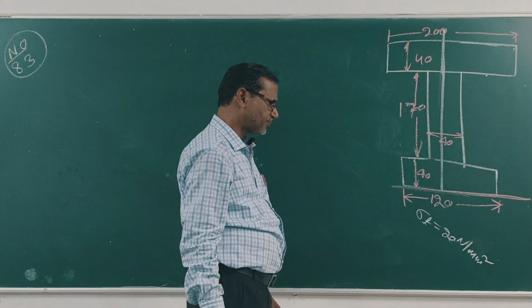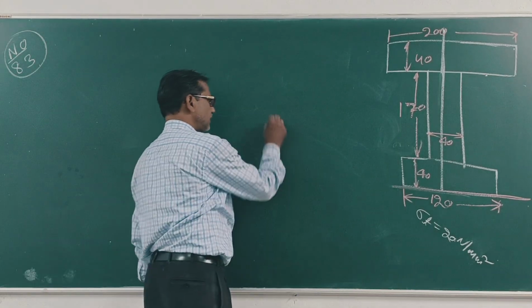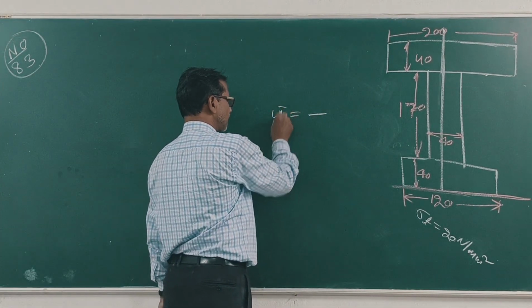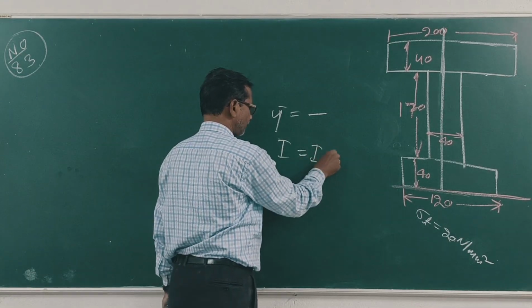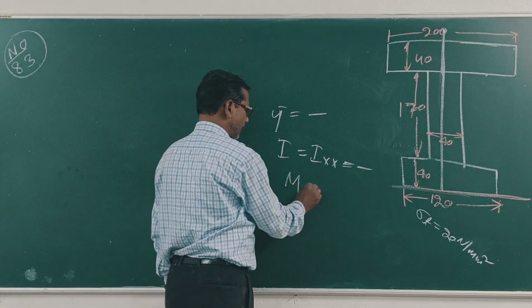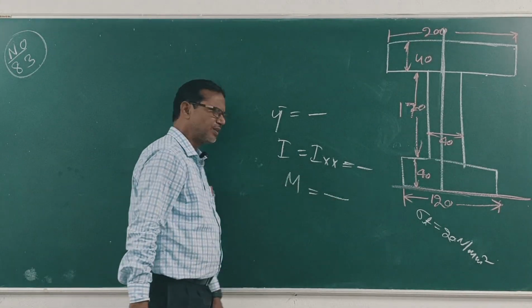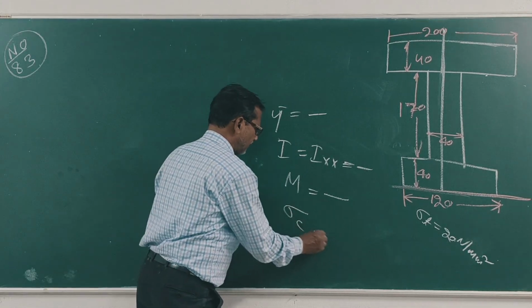Find the position of neutral axis, y bar, I means Ixx. Here, total moment M, compressive stress sigma c.